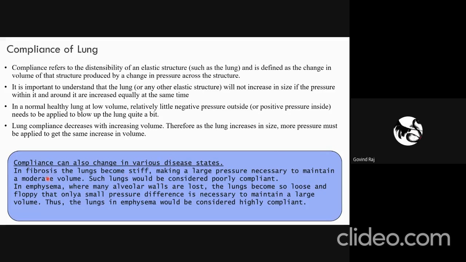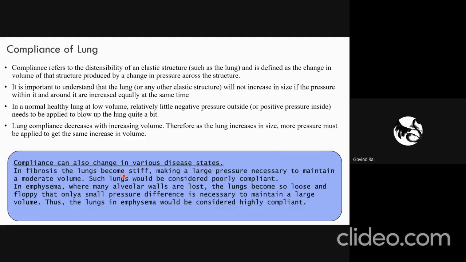In case of fibrosis, which is a condition in which excess fibrotic tissues are accumulated, this causes the lungs to become stiffer.